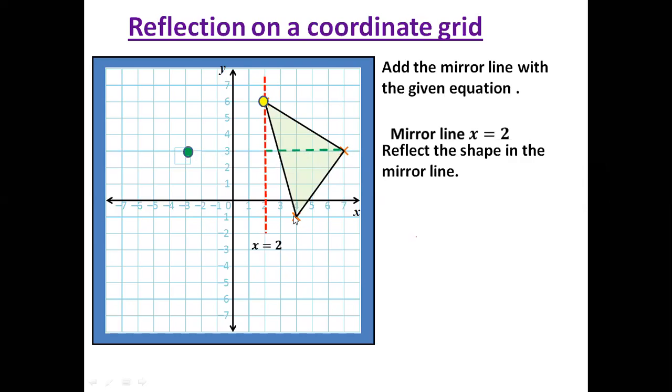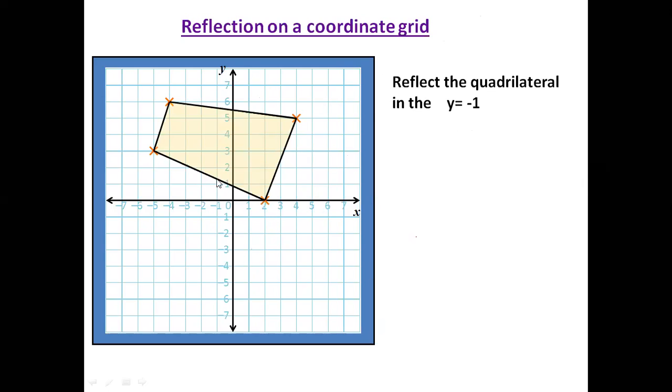The last point, it's 2 units away from the mirror line, so you count 1, 2 units away to the other side of the mirror line. So you got the 3 dots of the triangle, you just match them. You connect the 3 points. So this is the reflection of it. Okay?